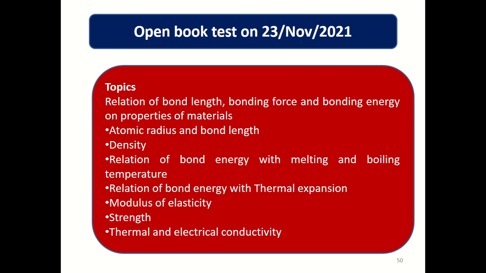What is the melting point of materials with shallow energy well bonds, higher or lower? What are the melting and boiling temperatures of materials with deep energy well bonds, higher or lower? You need to interpret that.